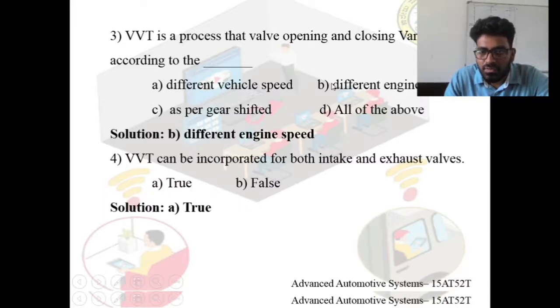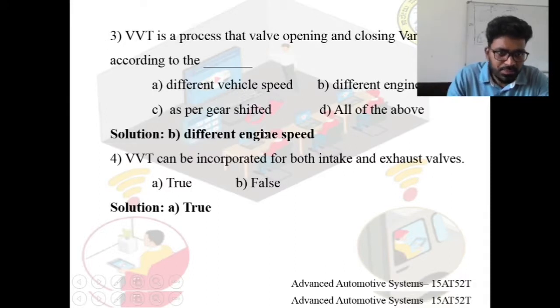No. Different engine speed, yes, this is the answer. As per gear shifted? No. All of the above? Not this. The answer is B, different engine speed. As the engine speed varies, the valve opening and closing position will vary in the VVT process.